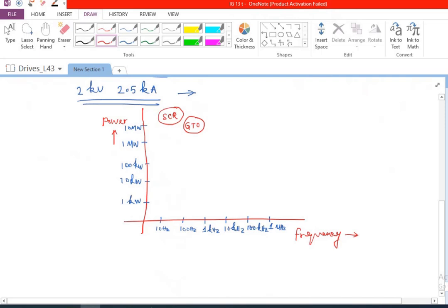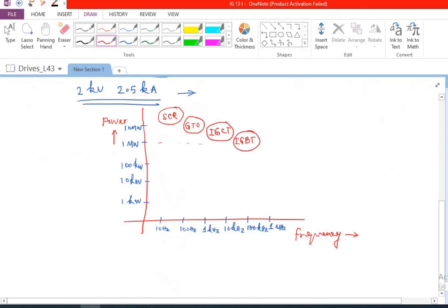Whereas if I talk about some tens of kilohertz, and if I am talking about a few megawatts of power level, IGCTs can handle that much. Whereas if I'm talking about 20 kilohertz or 40 kilohertz and about 1 megawatt of power level, it will be about the range of IGBTs.